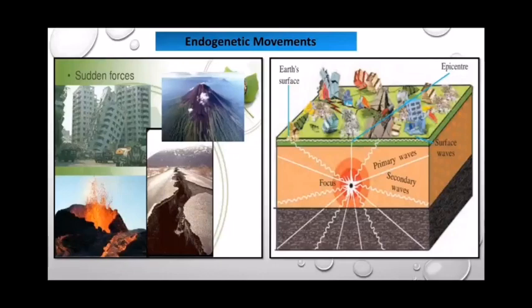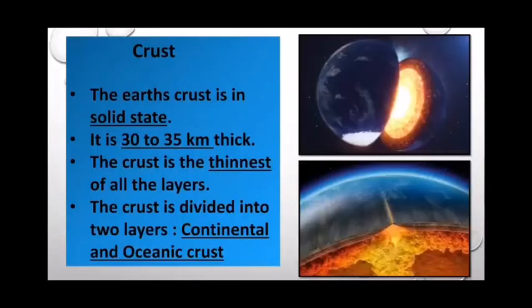So children, now let us first start with the first layer, that is a surface, or you can even call it as the crust. The uppermost layer of the earth's surface is in solid state and is called the crust. The thickness of the crust is not the same everywhere.